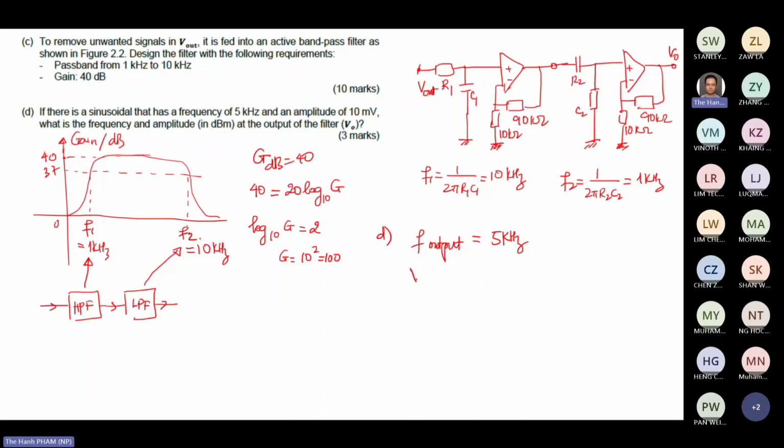And what is the voltage at the output? Now, it's gain times the voltage in, right? So your gain is 100 and your V in is 10 millivolt. So this one is 1000 millivolt. If you want to convert in dBm, anyone tell me what is the formula?